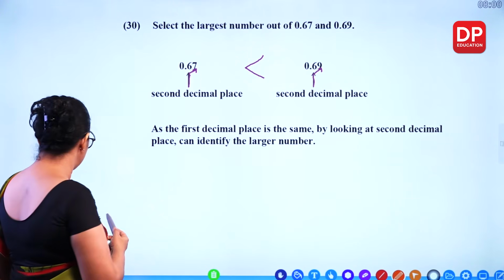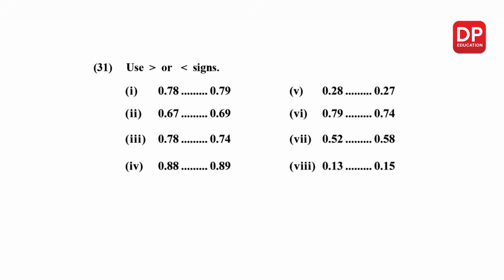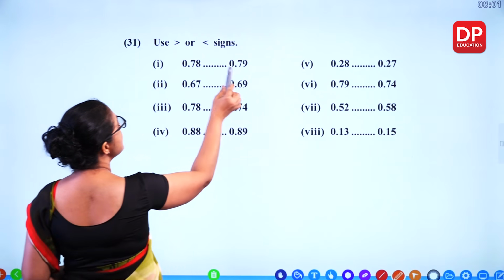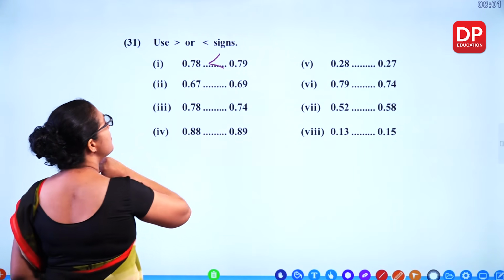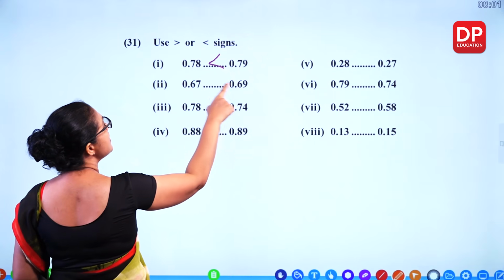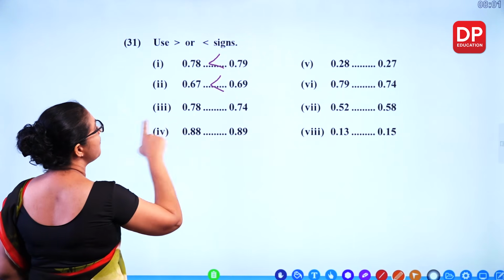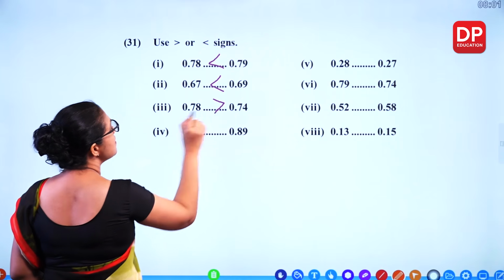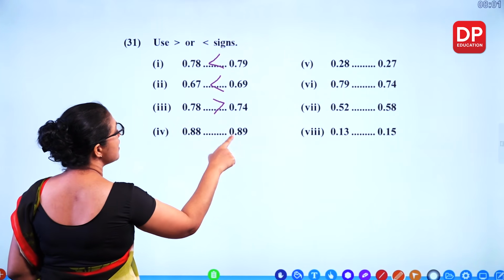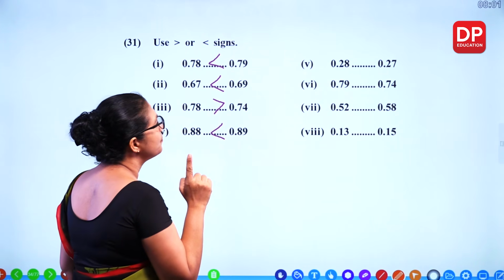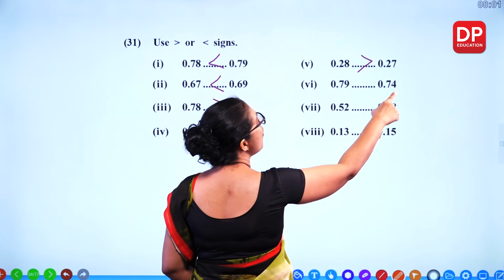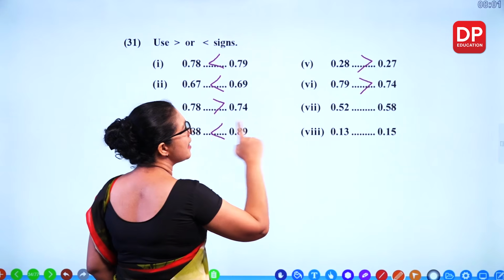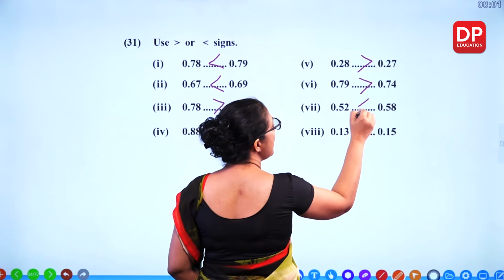As the first decimal place is the same, by looking at the second decimal place, you can identify the larger number. Now look at these decimal numbers and see which one is greater or less. The first decimal place is the same. Then the second decimal place, 8 or 9: 9 is bigger. 9 and 7: 9 is bigger. 8 and 4: 8 is bigger. 8 and 9: 9 is bigger. 8 or 7: 8 is bigger. 9 or 4: 9 is bigger. 2 or 8: 8 is bigger.